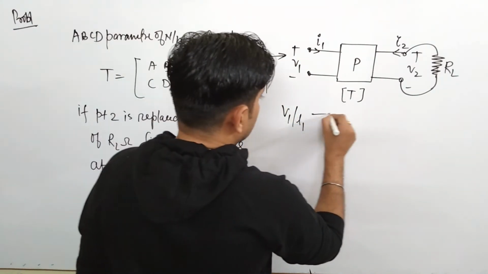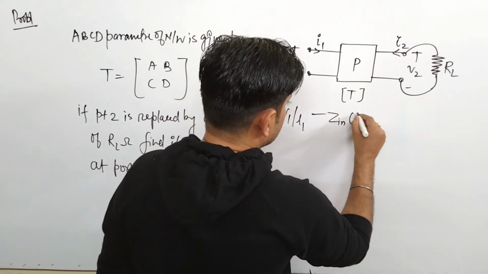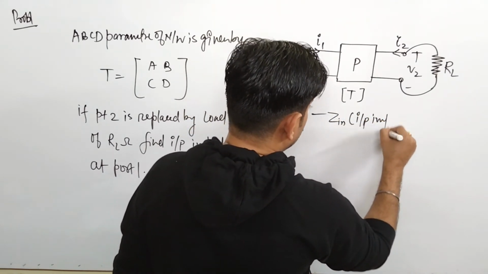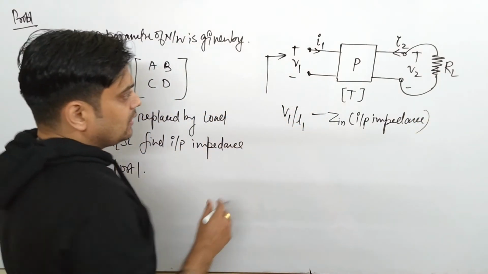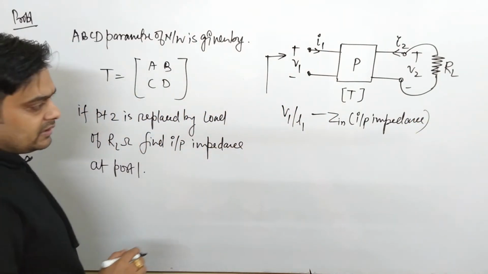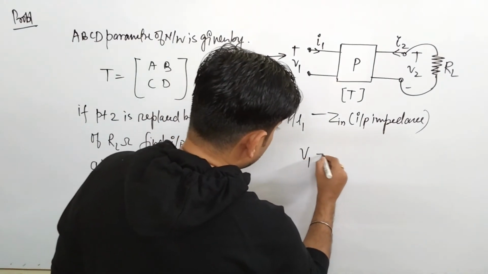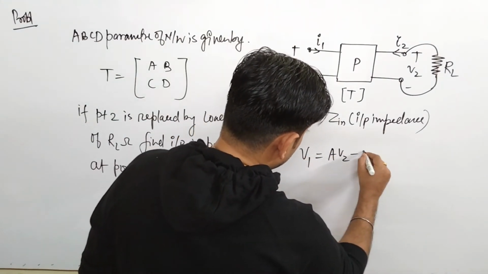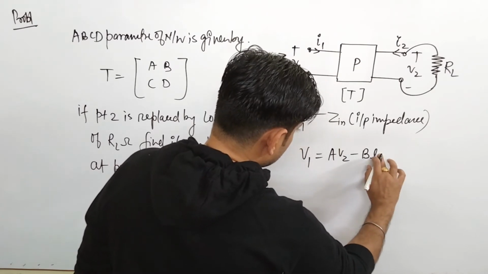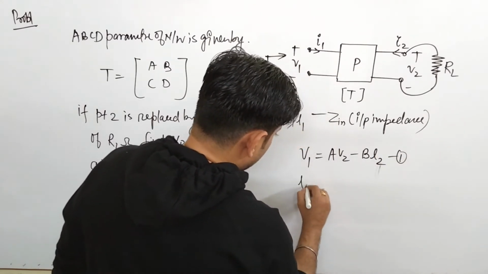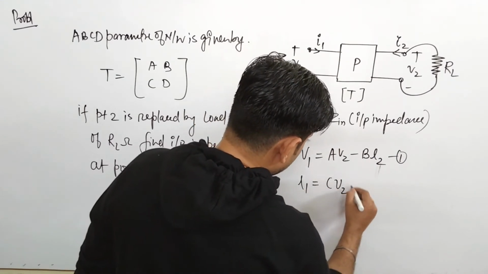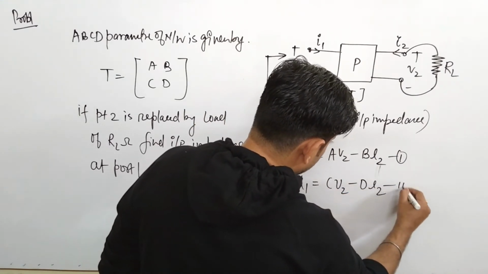That is your Z in, or you can say it is input impedance. Now the question is, how do you find it? Since T parameter is given, that means V1 is equal to AV2 minus BI2. Equation first, and I1 is equal to CV2 minus DI2.